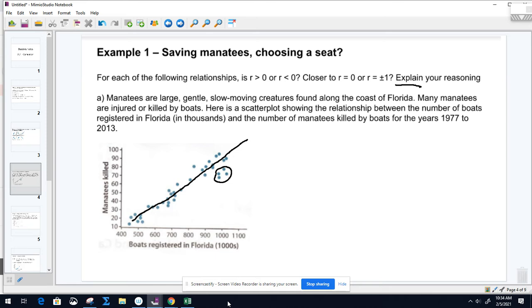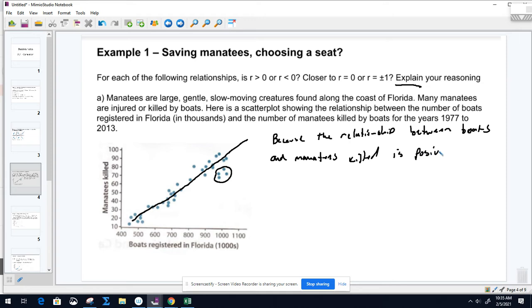So when we're explaining this, we would say because the relationship between boats and manatees killed is positive, we can say R is greater than 0.